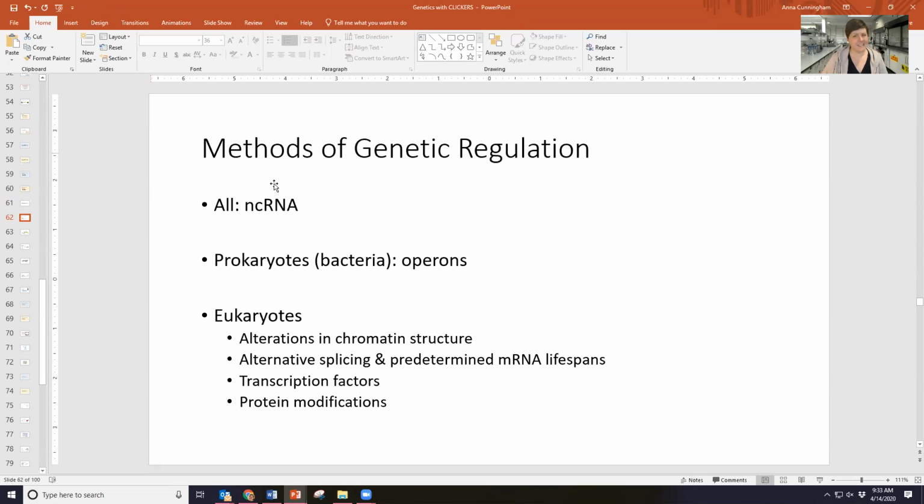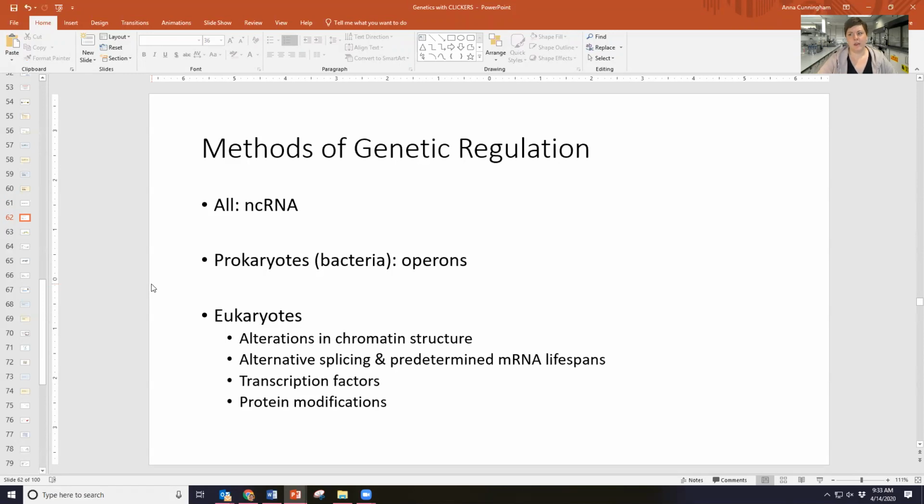What this slide is talking about is, as you know, organisms are at their basis divided into prokaryotes and eukaryotes. Remember, prokaryotes are primarily single-celled organisms, but what distinguishes them is they do not have membrane-bound organelles, including a nucleus.